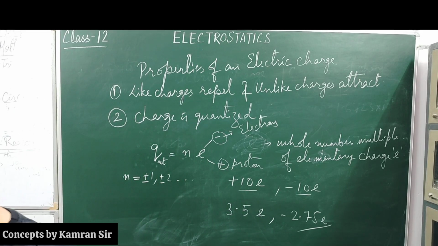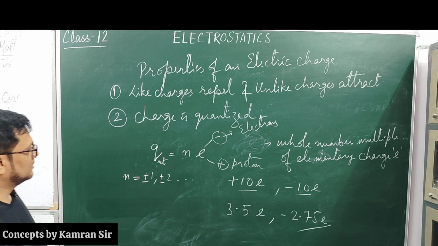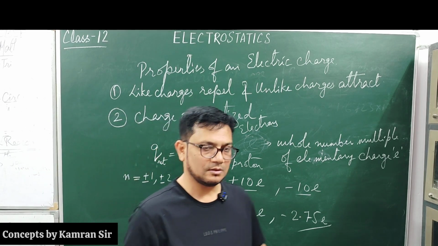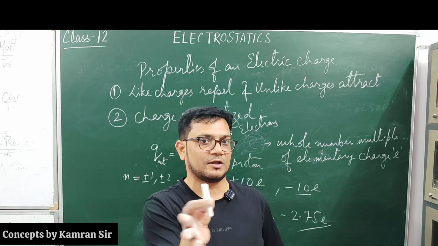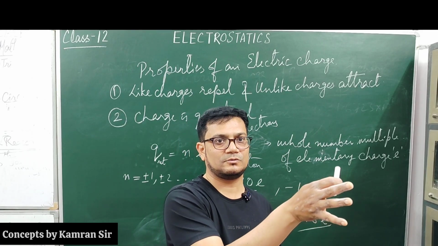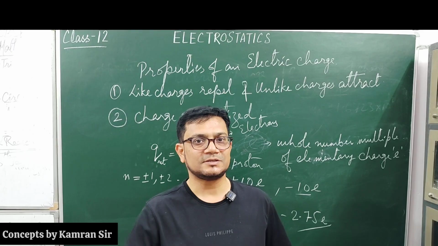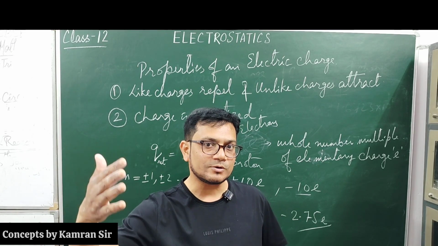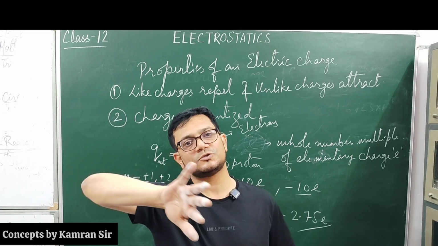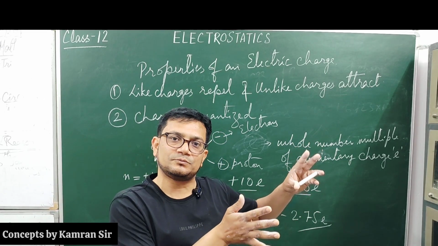So let us take an example. Suppose a cloud has in due course of time developed positive 24 coulomb of charge. It started neutral, but has gained eventually plus 24 coulomb of charge. The question is, how many electrons were removed from that cloud to get that value of charge?